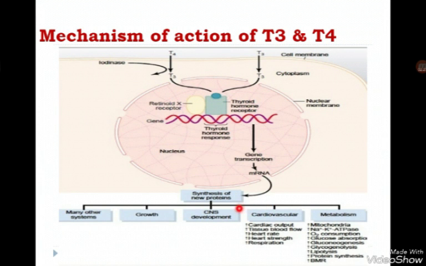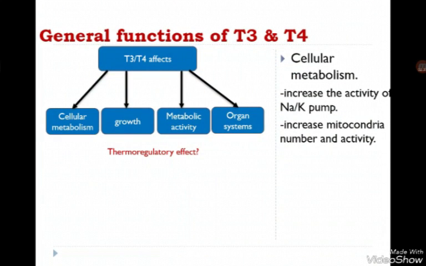It is going also to affect central nervous system development and musculoskeletal system development. Let's talk about these functions in detail. As you see in this figure, thyroid hormone affects cellular metabolism, growth, metabolic activity, and other organ systems.